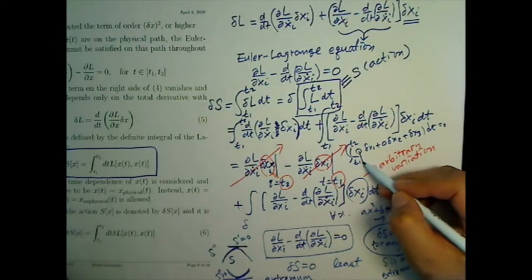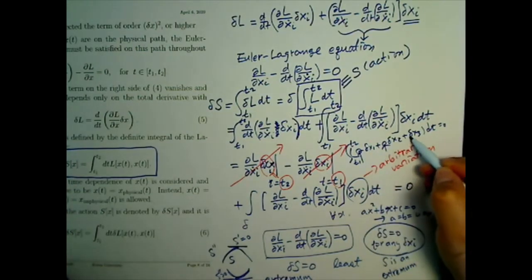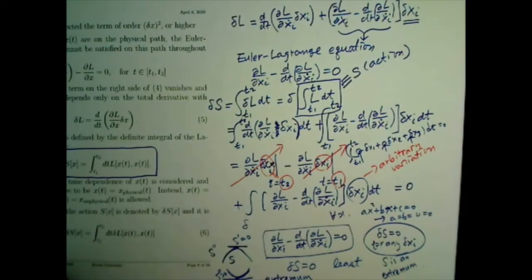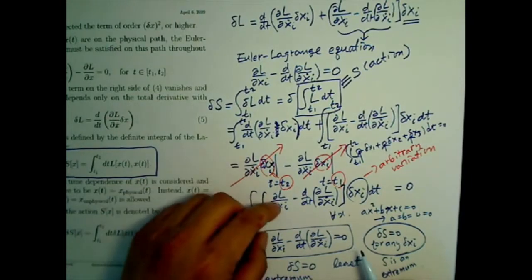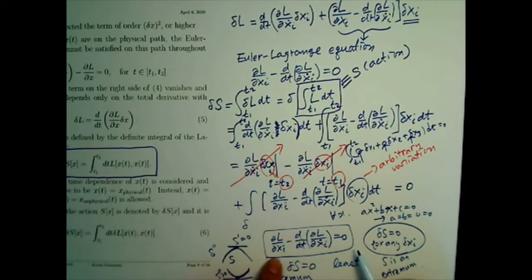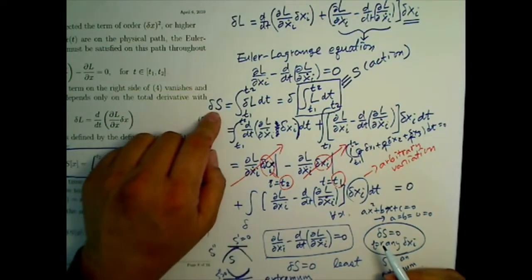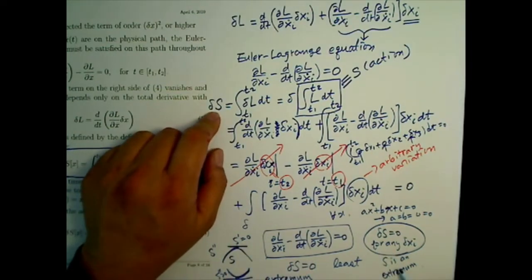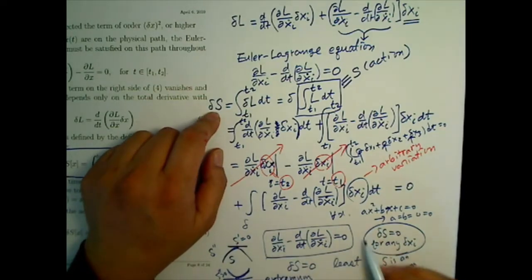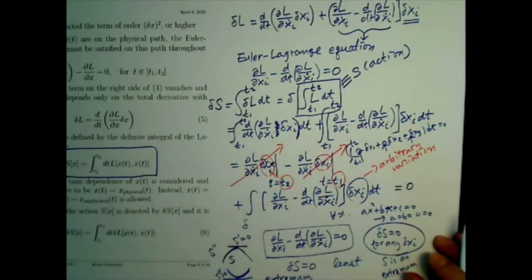That means each something must be 0. Okay, so we obtain the Euler-Lagrange equation. So the condition of the Euler-Lagrange equation is that the action has an extremum. Then the Euler-Lagrange equation derives automatically.